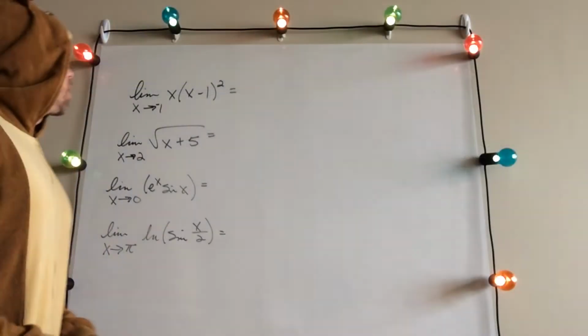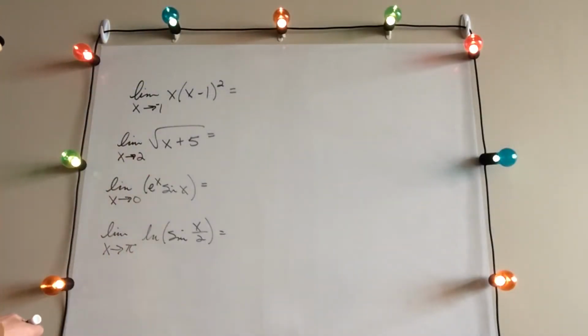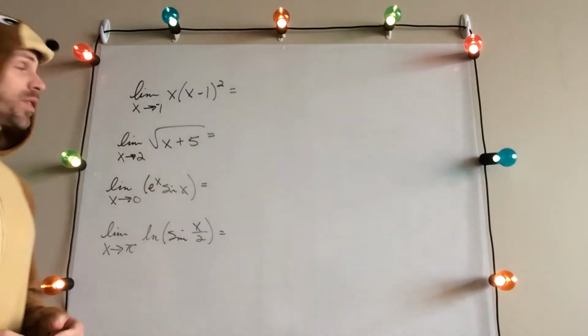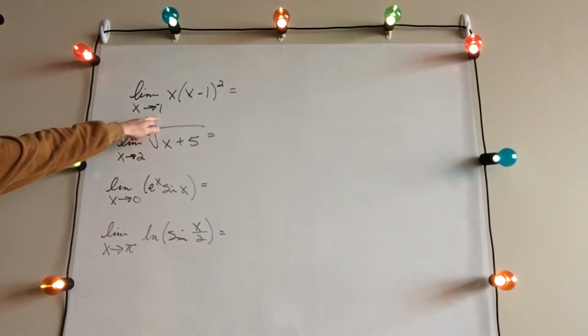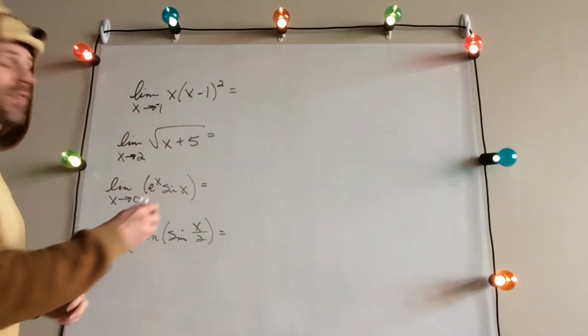Alright, so we have some problems that we're going to try right here. We have our limits up here on the board. Let's see if we can evaluate these with direct substitution, just taking the value that x is approaching and putting it in place of the x's.